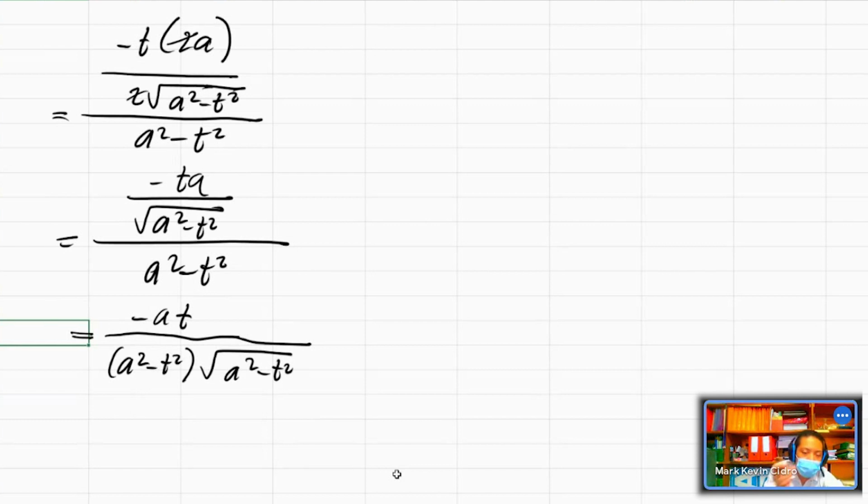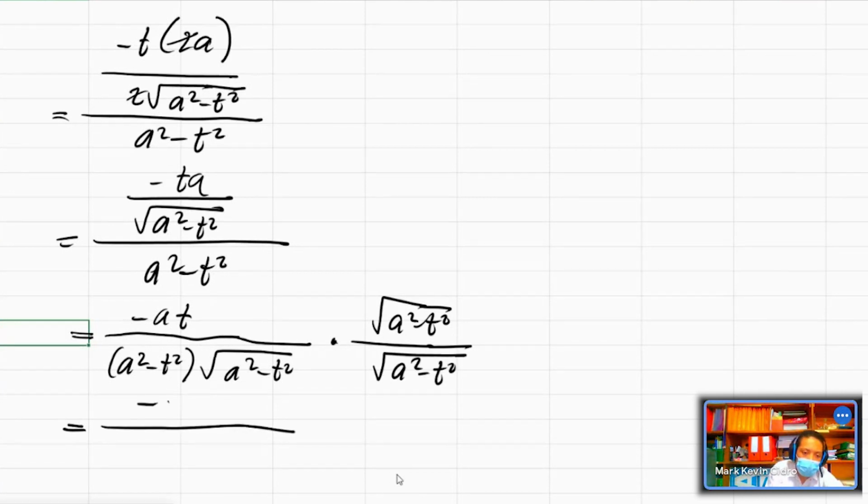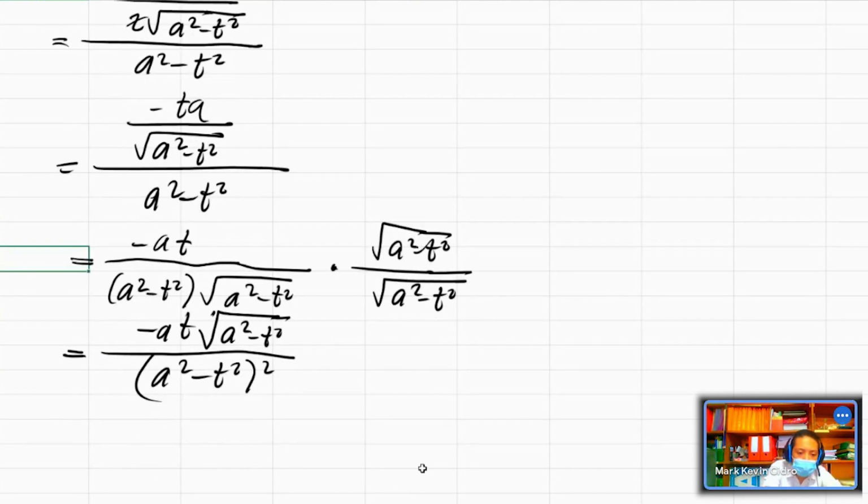You can rationalize this by multiplying by the square root of a squared minus t squared. This becomes negative ta multiplied by the square root of a squared minus t squared, all over a squared minus t squared raised to 2.